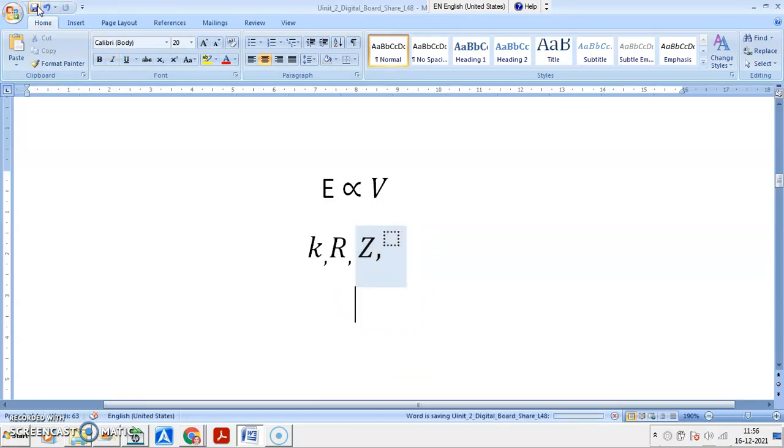Is it clear? Torque is proportional to V square.